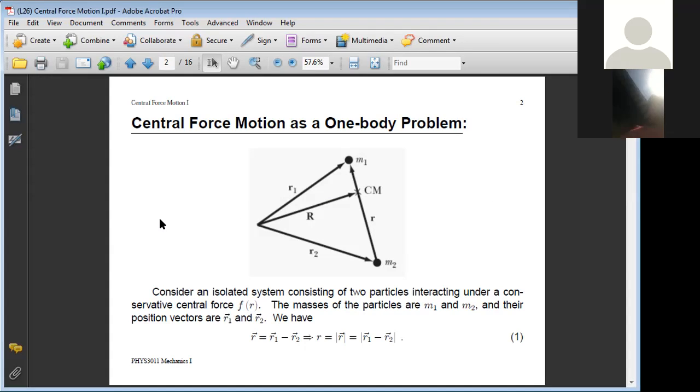In other words, the force is directed between two particles, m1 and m2, and the position vectors are r1 vector and r2 vector. All right, and r vector is the difference between these two position vectors.